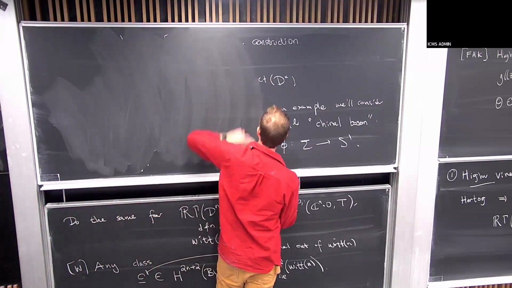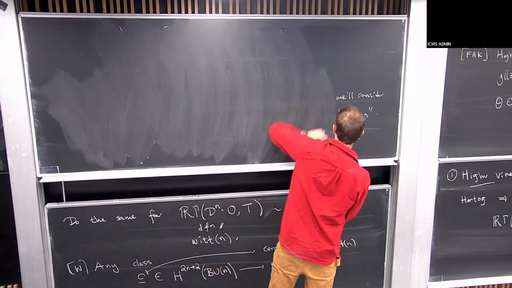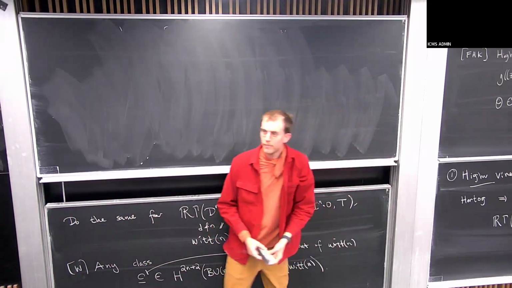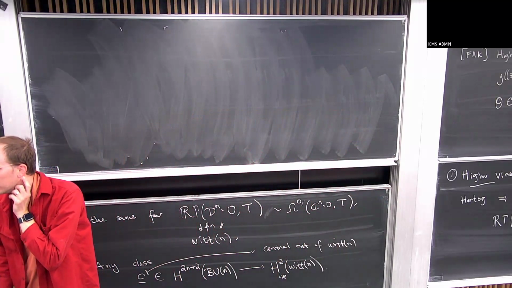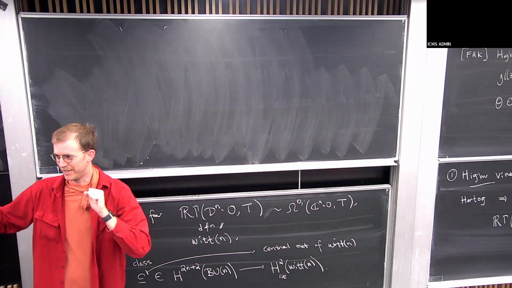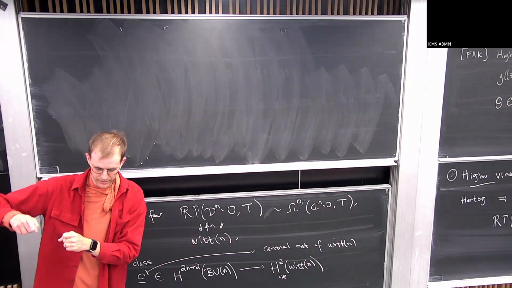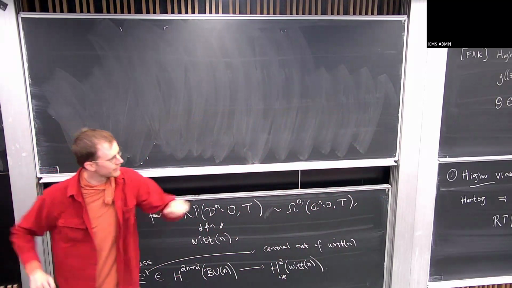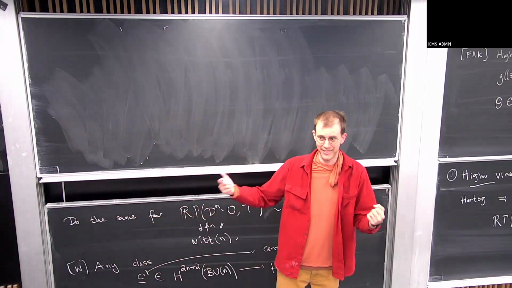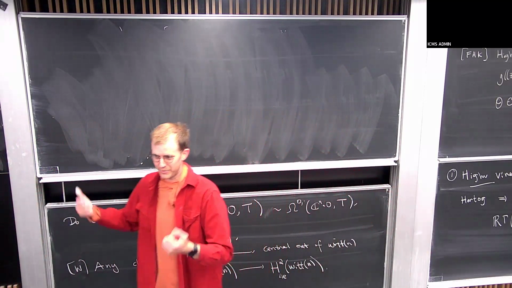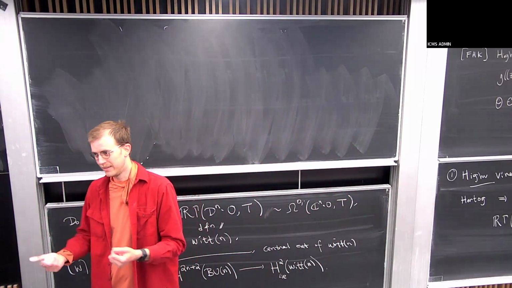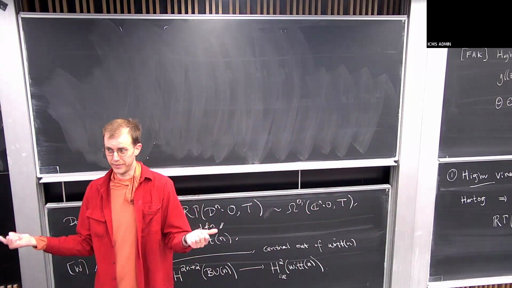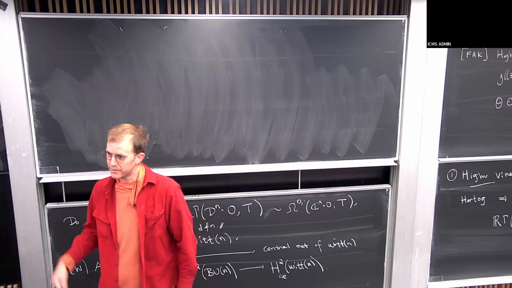If I consider that additional DG grading, your transgression map becomes degree 0, if I shift everything appropriately. But the shift exactly comes from the fact that this Bogomolov-type class now lives in a non-trivial cohomological degree. It's really coming down to this fact here, that integration, the residue, carries some non-trivial degree. This higher residue does.